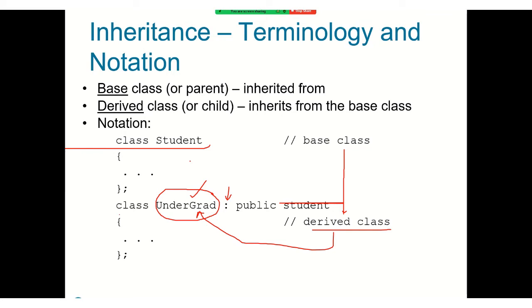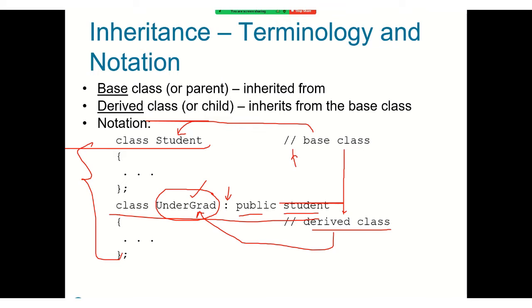It has to be public, otherwise you cannot use it anywhere outside its scope. So this notation means that undergrad is a derived class, derived from the student class. In this typical scenario, student is the base class or parent class. You can call it parent as well.